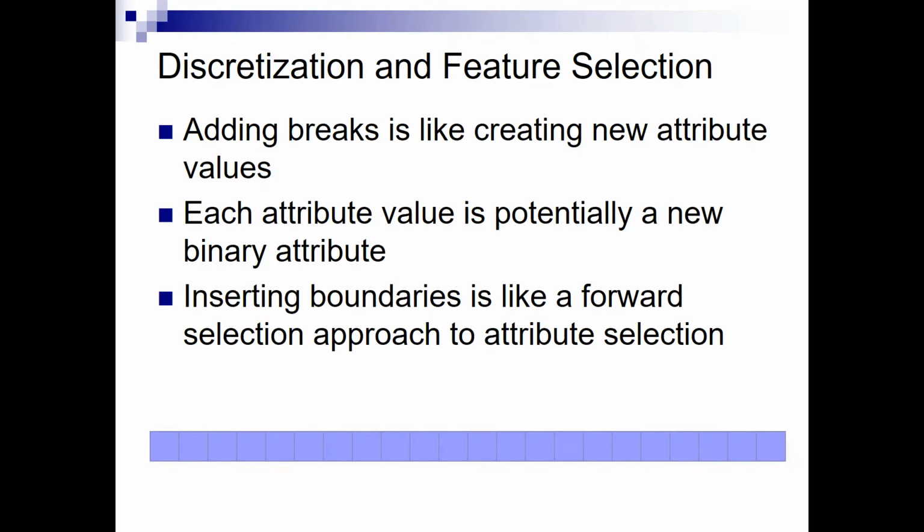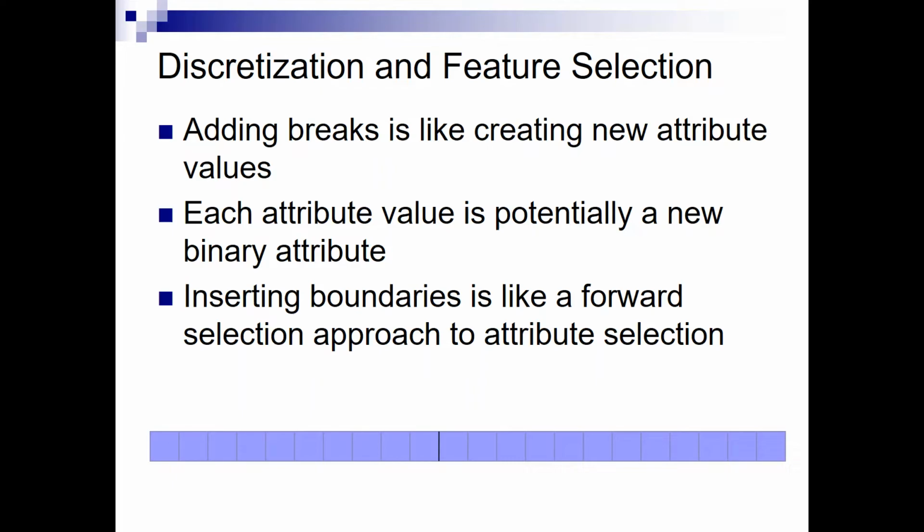So what you do when you discretize a numeric parameter is insert a boundary somewhere on the range, and then you create nominal attribute values, where every instance that would have had a number in the part of the range before the break will get the nominal value assigned to that side, and everything on the other side will get the rest.